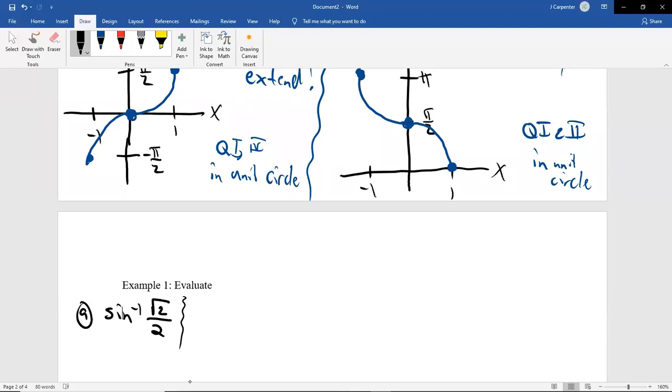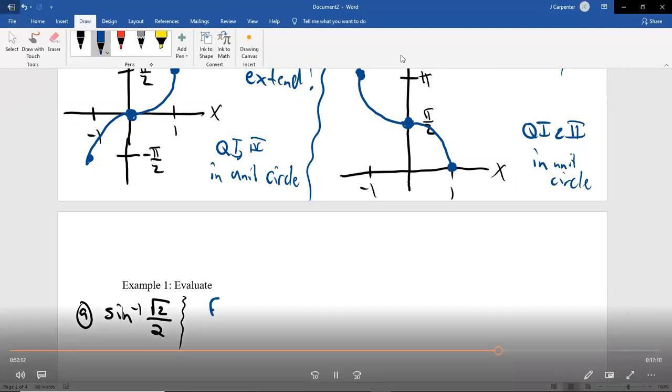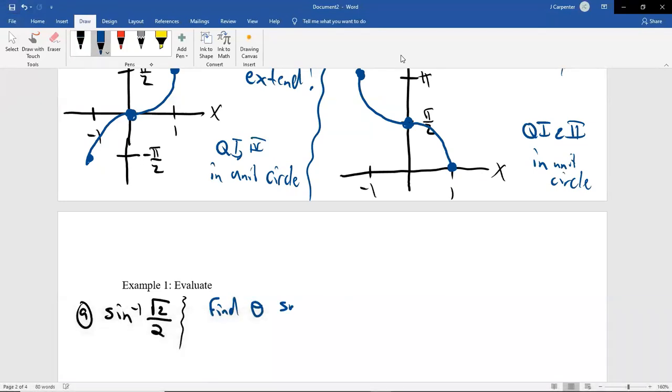So that's where I say it's actually a really good idea if you remember that square root of 2 over 2 is 1 over square root of 2. But here's what we're doing. So in blue, this is not the problem anymore. This is what we're doing. We're trying to find an angle. Our goal is to find an angle such that the sine of that angle is equal to square root of 2 over 2.